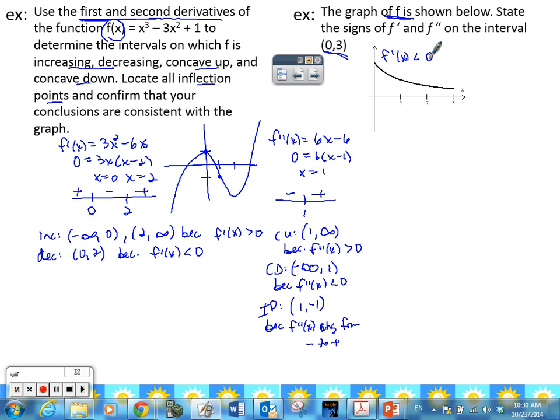It's cupped up. So if it's concave up, what is the sign of the second derivative? It's positive. So then our second derivative value would be greater than 0. And that's really all they're asking. They're just asking us to read the signs of the derivatives off of the position graph. Okay, we okay? Questions?